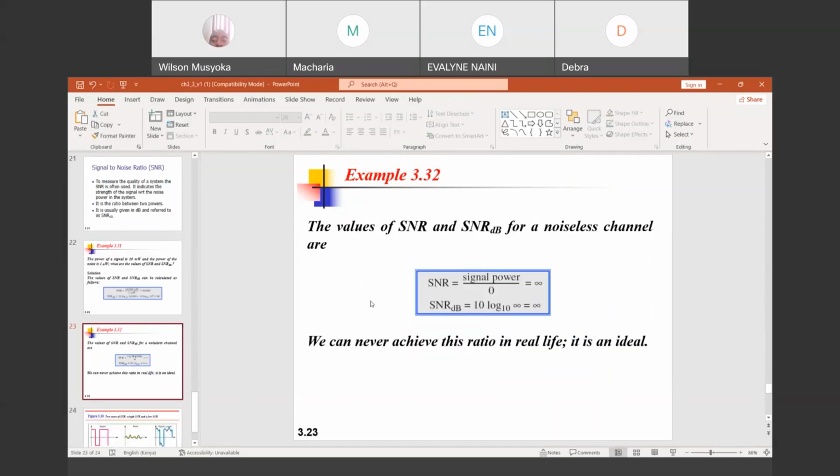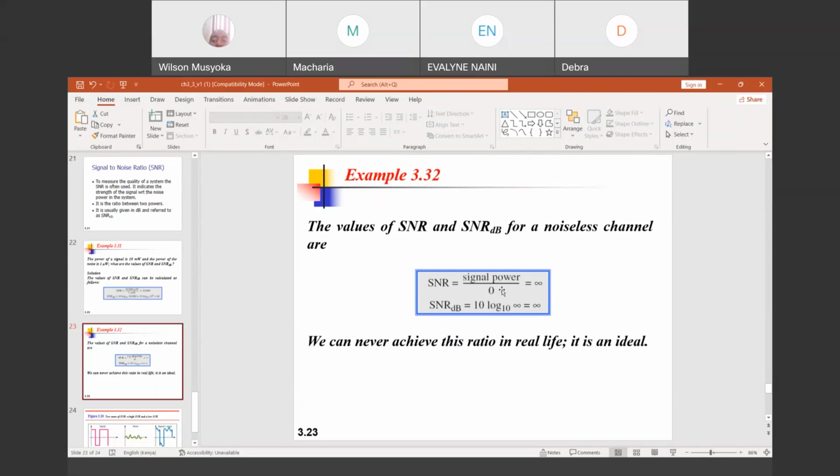And another example shows another explanation of signal to noise ratio, whereby we are saying the values of signal to noise ratio and signal to noise ratio dB for a noiseless channel are, since it is noiseless, it means that the signal power is going to be divided by 0.